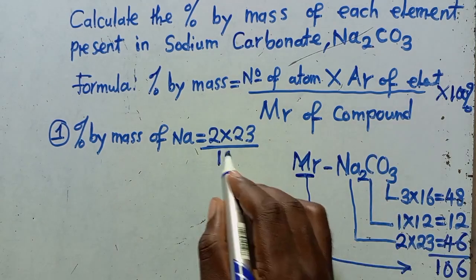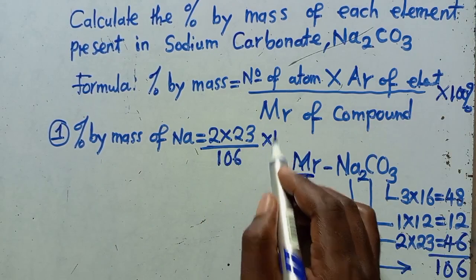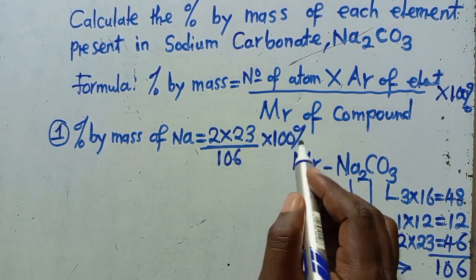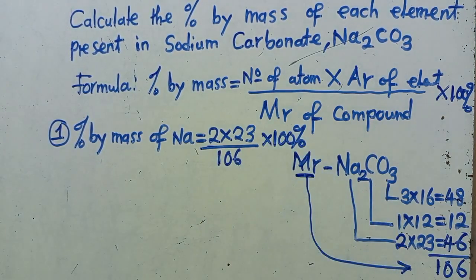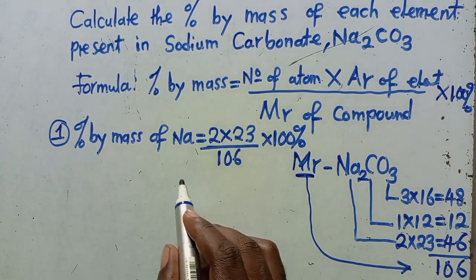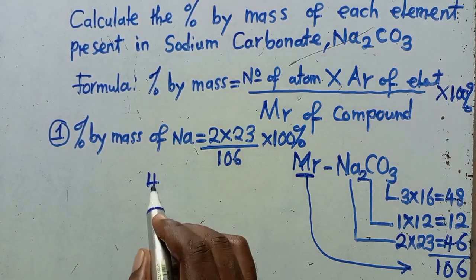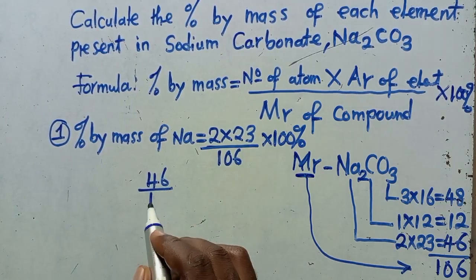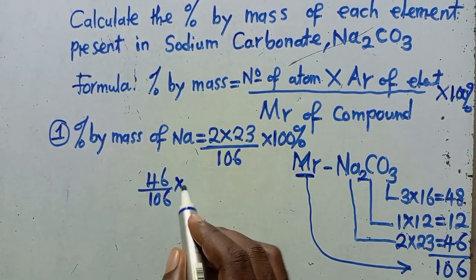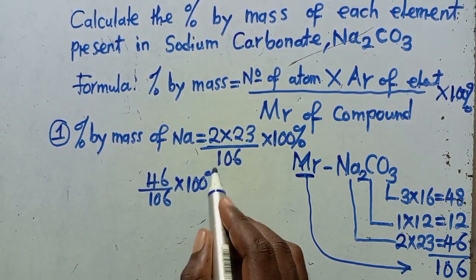I multiply everything by 100%. So I'm going to have 46 over 106 times 100%.